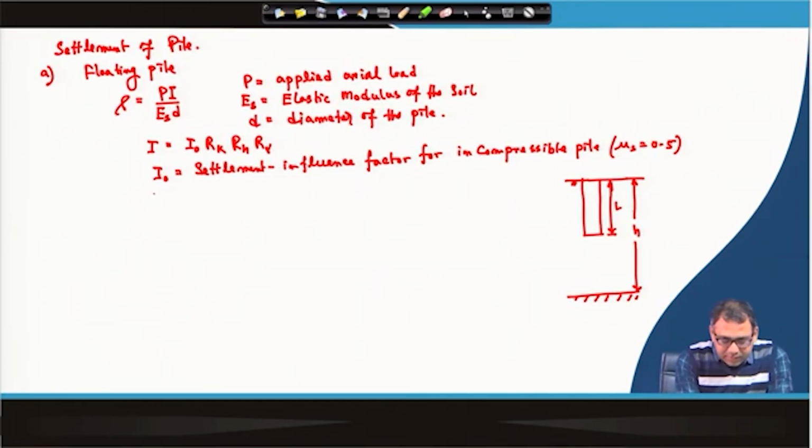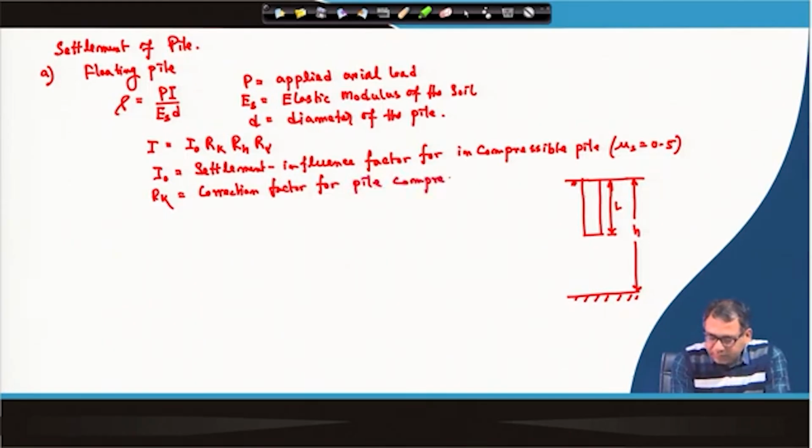So, again, R K is the correction factor for pile compressibility.